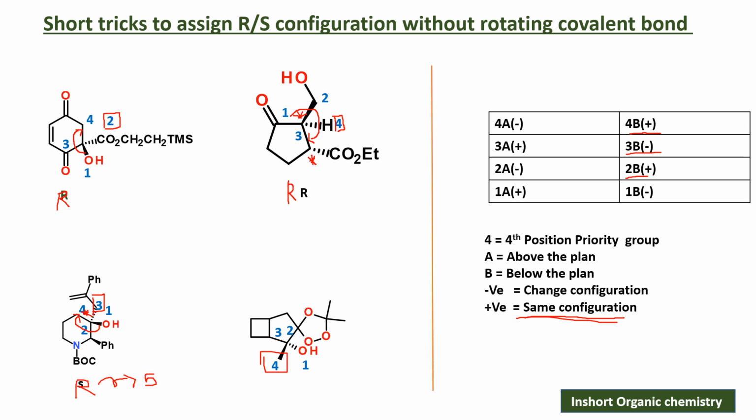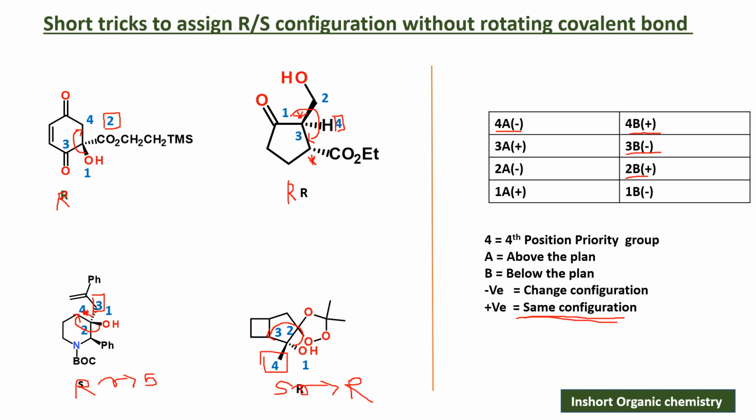I am not considering this while assigning the configuration. So this is the S configuration. But the next step is I have to check the sign of this fourth position group. Fourth above the plane shows a negative sign, which means I have to change the configuration. So this is the R configuration.